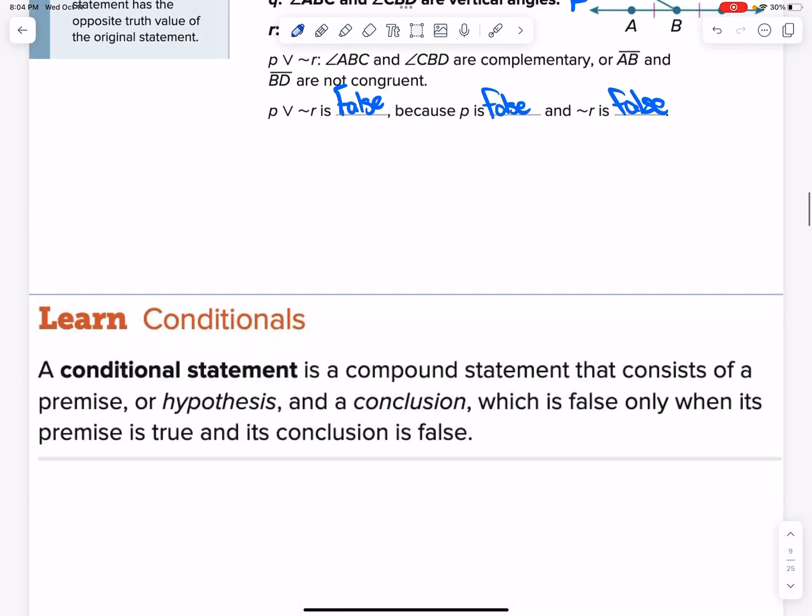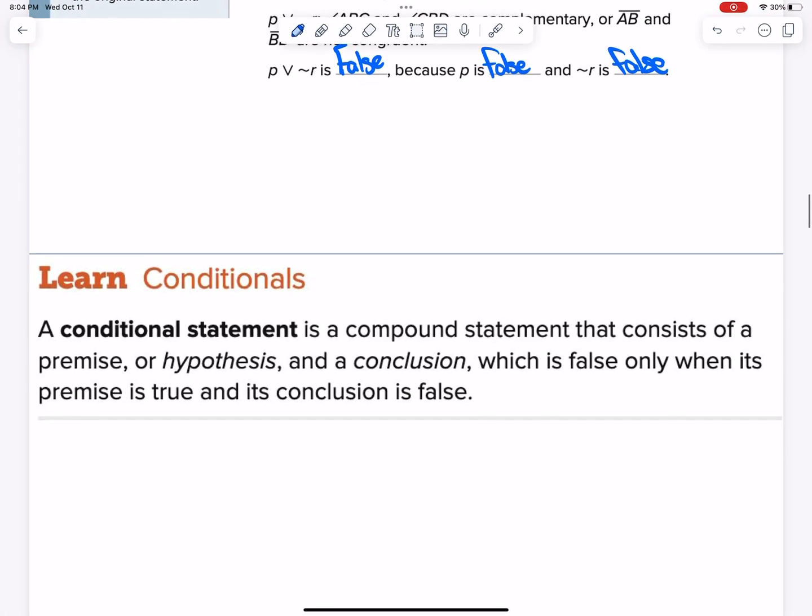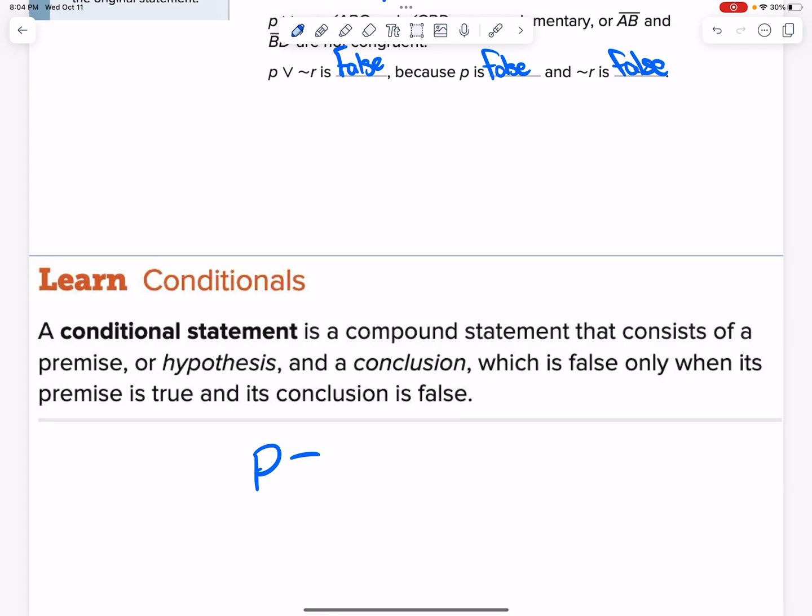Okay, so now conditional statements are a little bit different. Those were truth values with conjunctions and disjunctions. A conditional statement is a compound statement that consists of a premise, a hypothesis, and a conclusion, which is false only when the premise is true and the conclusion is false. So again, this conditional statement is going to have this notation like we talked about earlier.